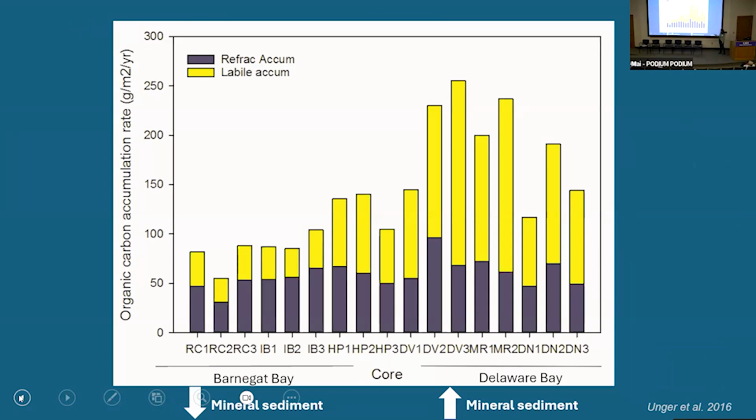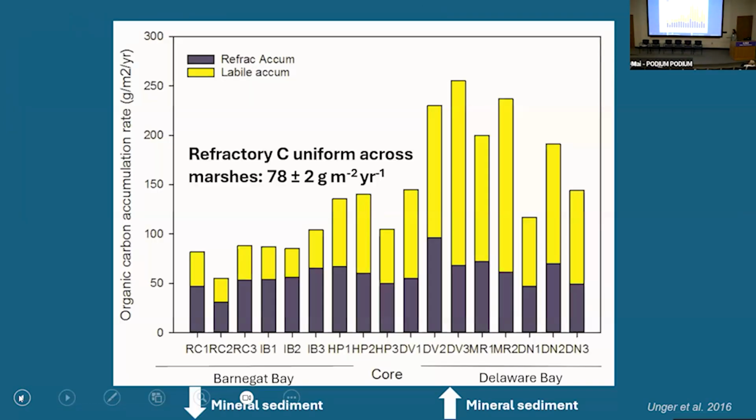So this shows the organic carbon accumulation rate with the refractory fraction in gray and the labile fraction in yellow. And we have the mineral poor Barnegat Bay to the left and the Delaware Bay mineral rich marshes to the right. One of the things that you can see is that the refractory carbon accumulation rate is relatively uniform across all of these sites, averaging 78 plus or minus 2, so a pretty tight error there, grams per meter square per year.